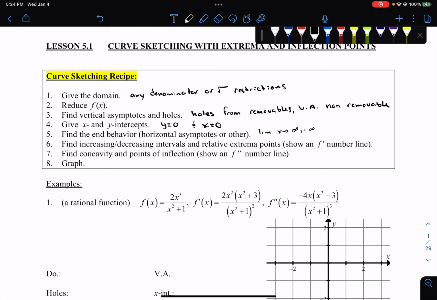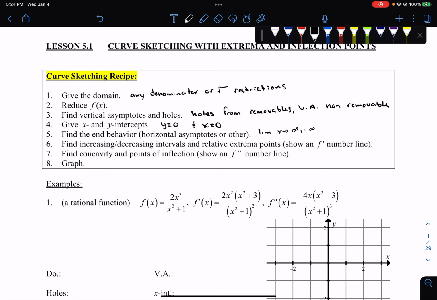Remember, the holes come from when you're simplifying f of x. If something cancels on the top and the bottom, that can imply that there's a hole there. If something doesn't cancel, but it does cause an issue, like turning the bottom into 0 or square rooting a negative, then that would give you a vertical asymptote.